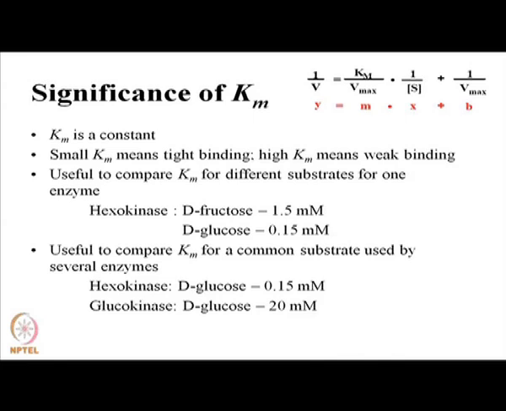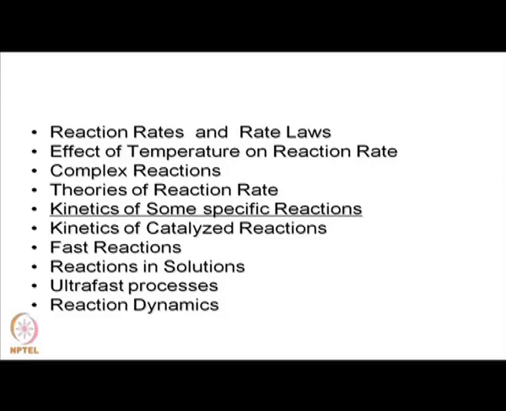Already we had a discussion in an earlier class about this Michaelis-Menten kinetics. Now, the significance of smallness or largeness of Km is discussed. With the help of Lineweaver-Burk plot, we tried to explain various types of inhibition effects.